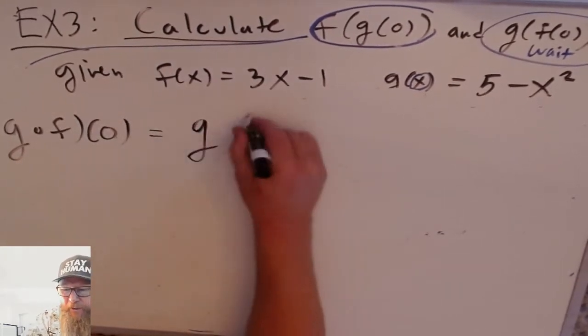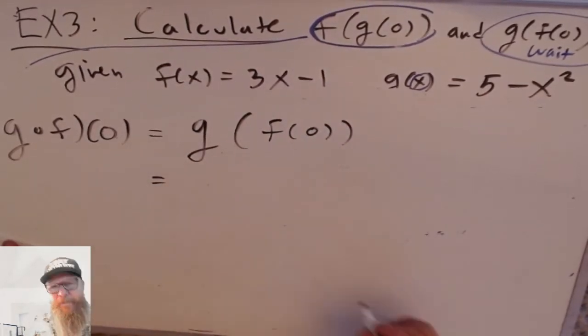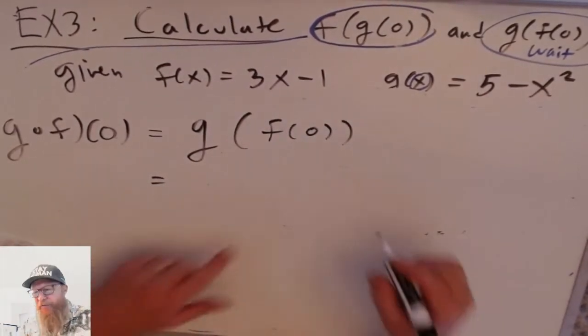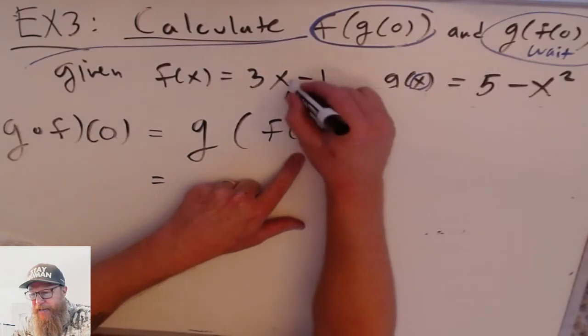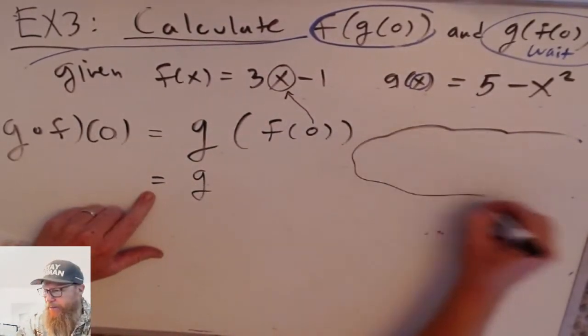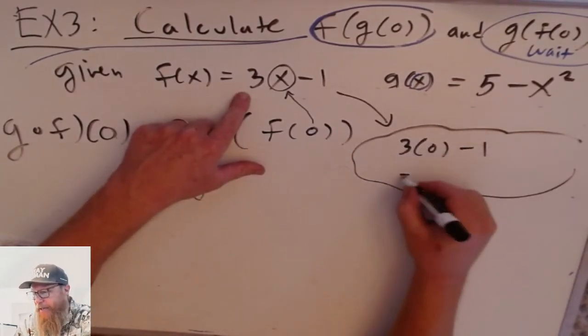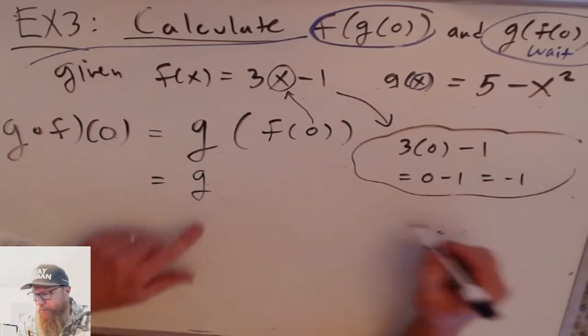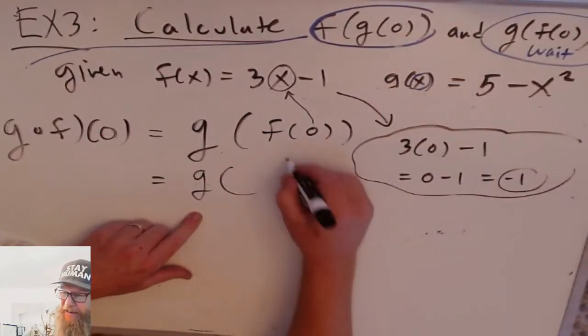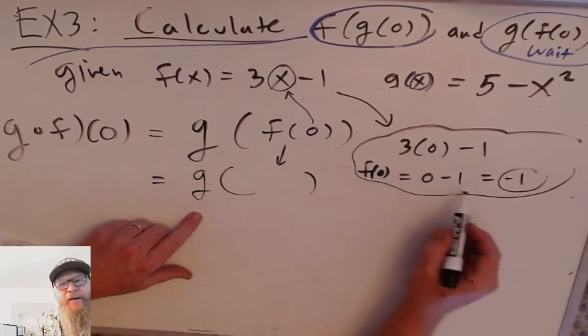So first we're going to do F. So first plug 0 into F. Let's do that over here, mental math. You could do this all in your head. 3 times 0 minus 1 is negative 1. And then F of 0 is negative 1.